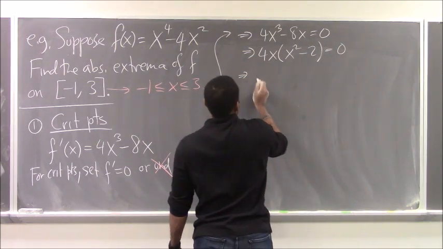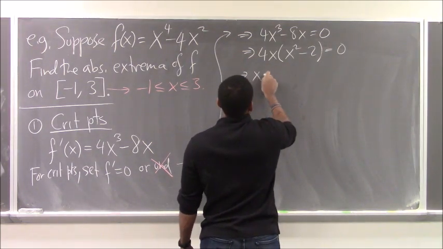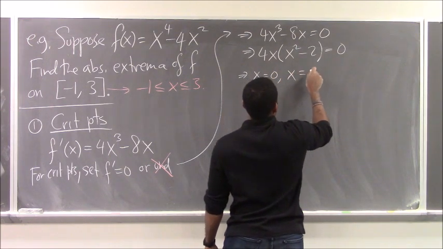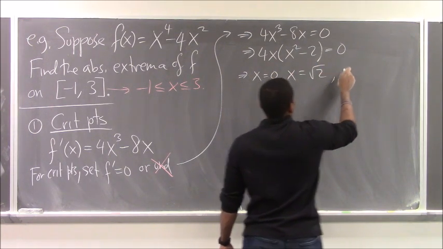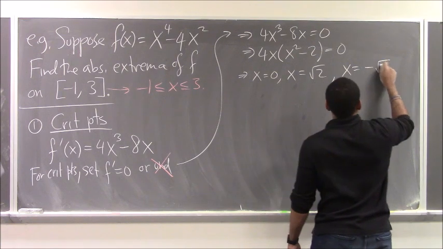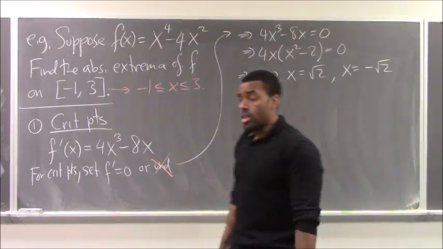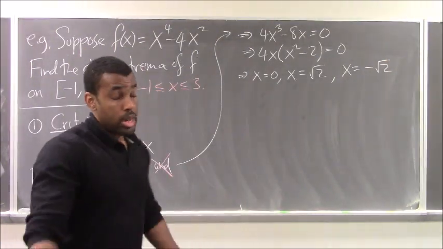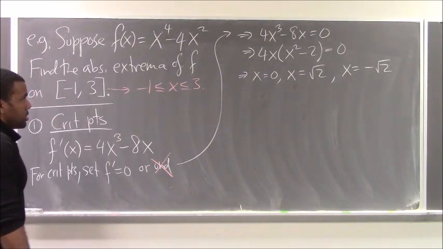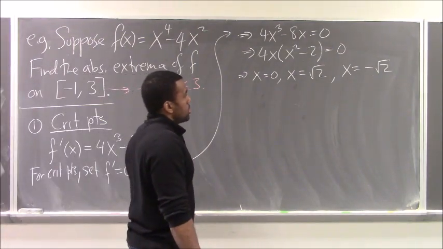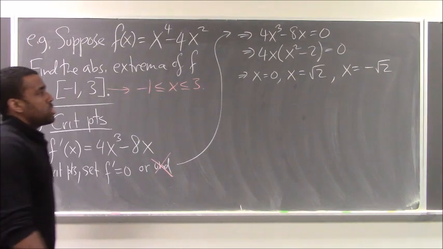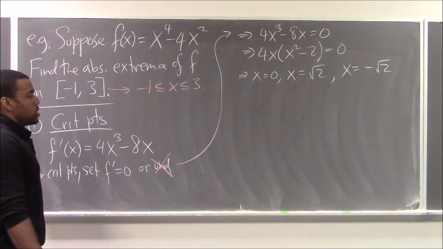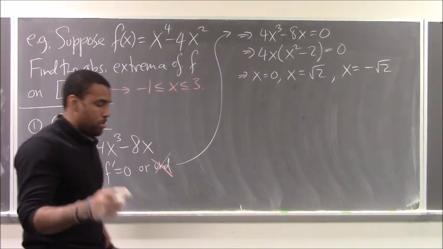So this would mean that x equals 0, or x equals positive radical 2, or x equals negative radical 2. Just a little bit of pre-calc there, or algebra, I don't know when you would have learned that. So remember, you're going to find the critical points and you're going to evaluate them. But there's something very important here.